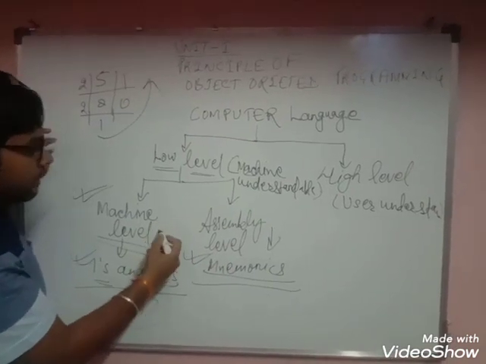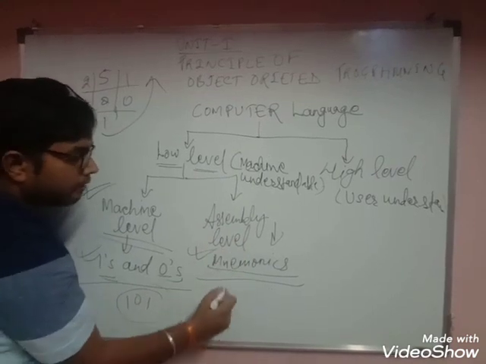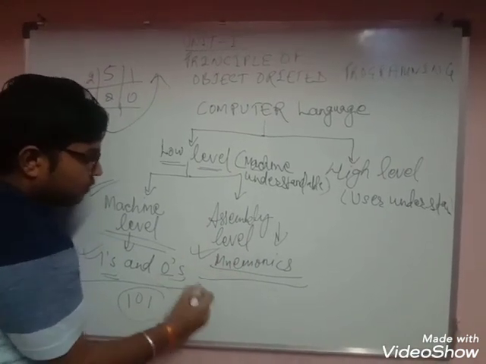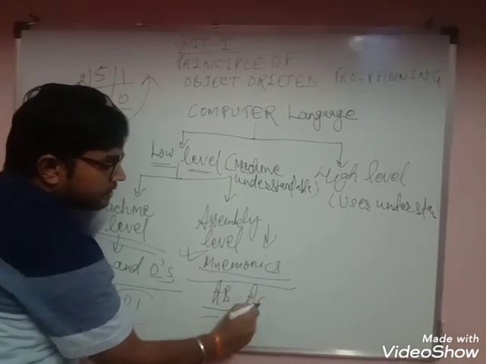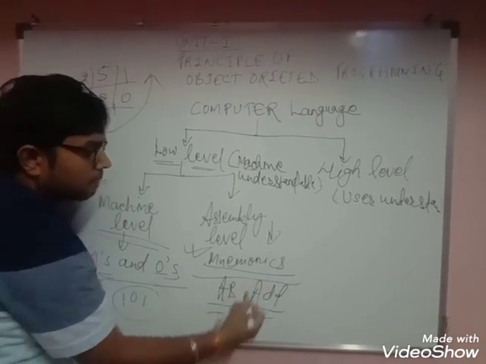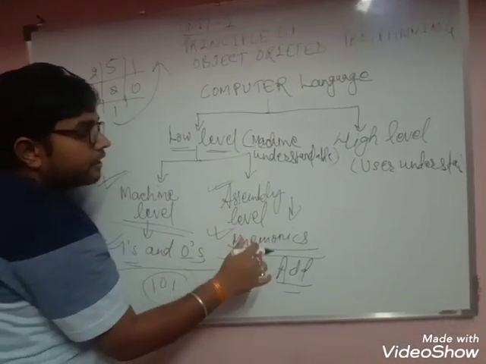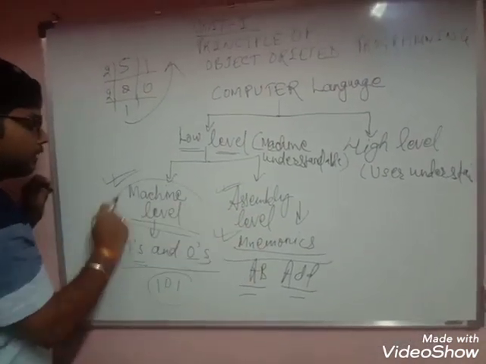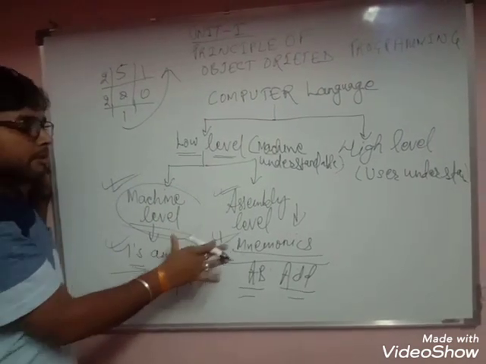In machine level language, you have to write everything in 1 and 0 form, but in assembly level language you can use some alphabets also, like AB or ADD. These are the codes you can write in assembly level language. This is not in your syllabus, so leave it. We have to learn only about machine level language and high level language. These are the two topics you have to cover.